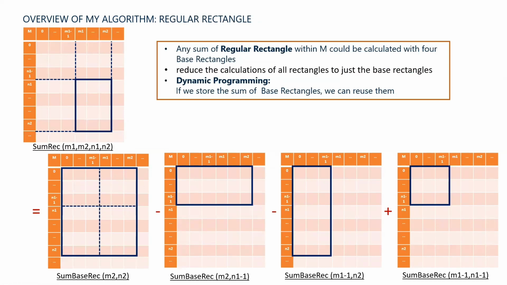The reason I introduced the base rectangle is that I found that for any regular rectangle within the matrix, the sum can be calculated from 4 base rectangles. So if you want to calculate the sum of this one, you can calculate this one minus this one minus this one plus this one.